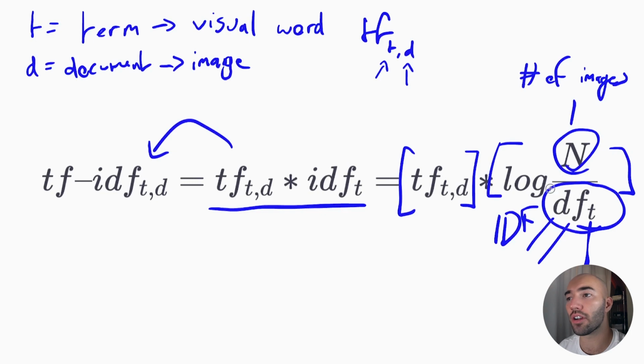The document frequency for a particular term also does not change depending on which image you're looking at. So this IDF vector is actually the same across our entire data set. It is not going to change. The only thing that changes is the term frequency.